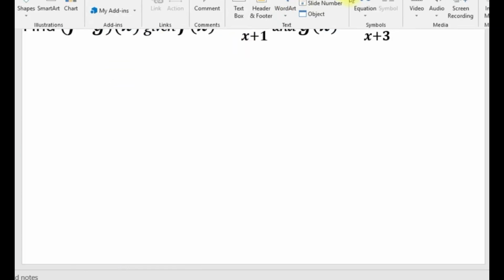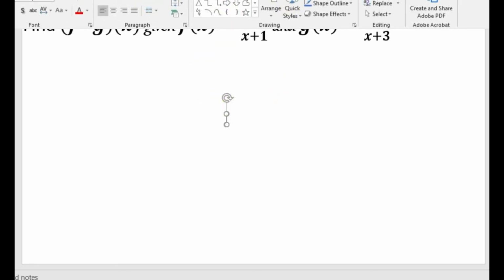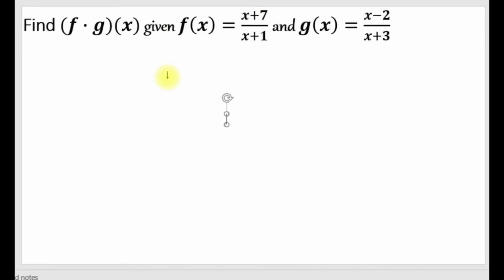Okay, so once again, the first step is writing our working equation.